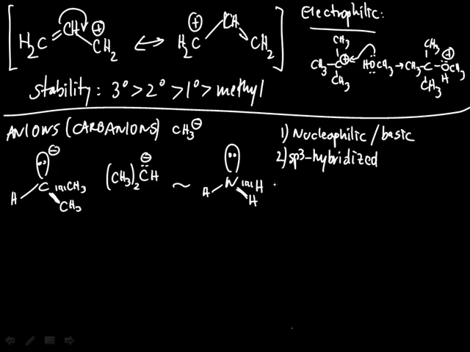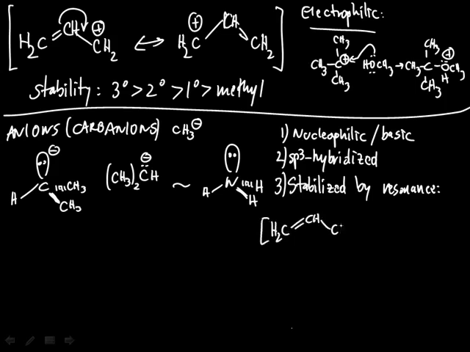Hyperconjugation does play some role, but not a large one, but they are still stabilized by resonance. And so, again, on an allyl system, this anion can do something like this.